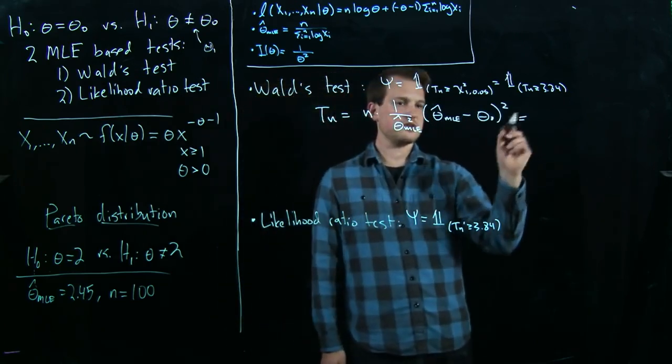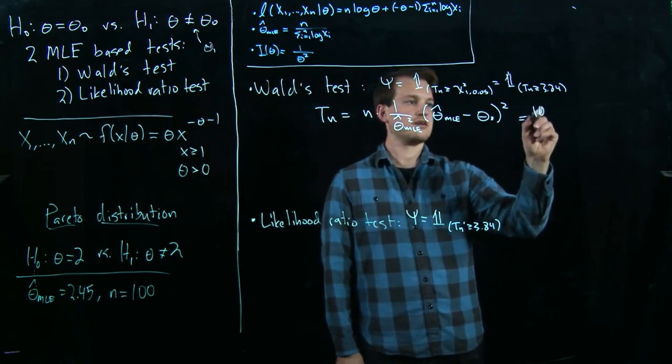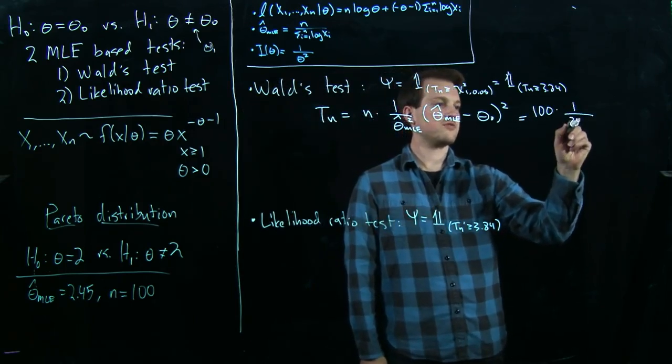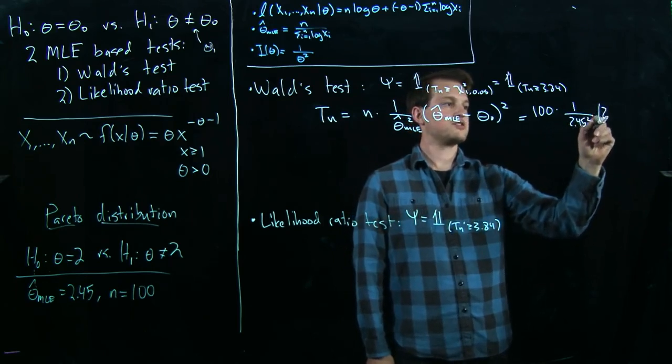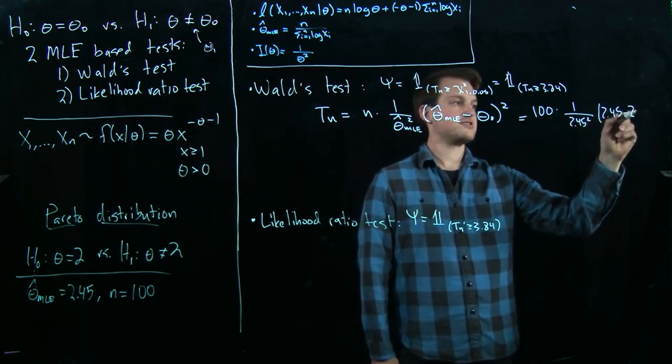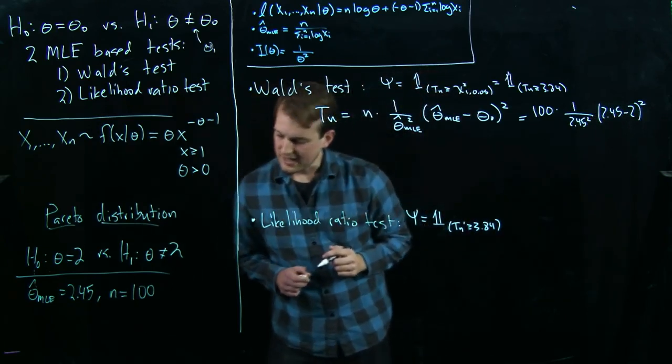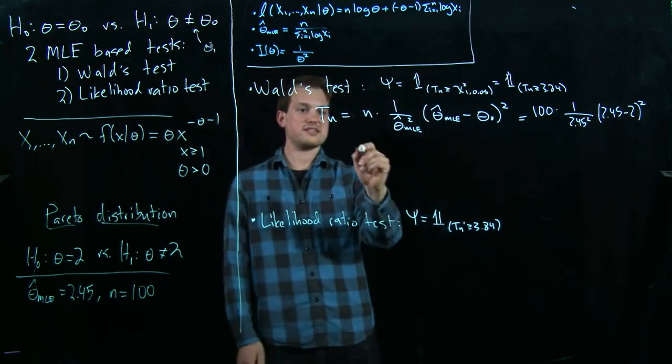So we can just plug in numbers: 100 times 1 over 2.45 squared times (2.45 minus 2) squared. This gives you a value of 3.37.